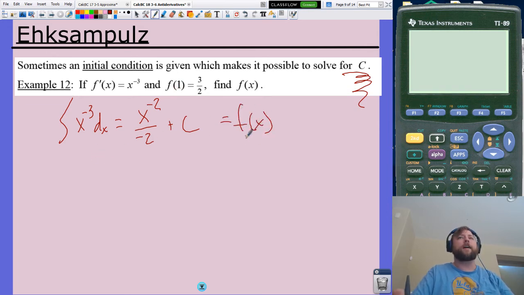If I know f of 1 equals 3/2, that means when x is 1, y is 3/2. I can rewrite that as 1 over negative 2x squared plus c.